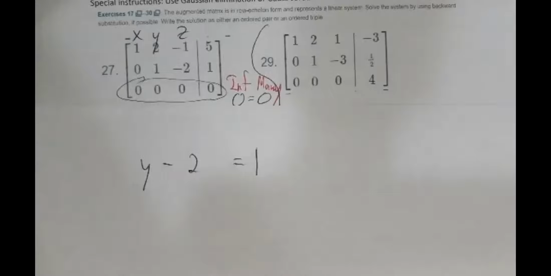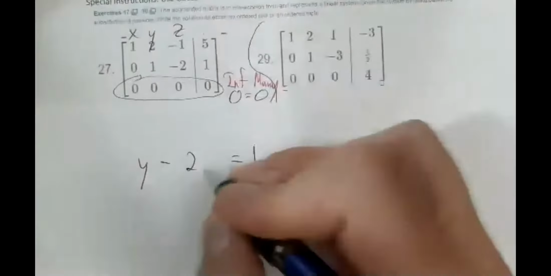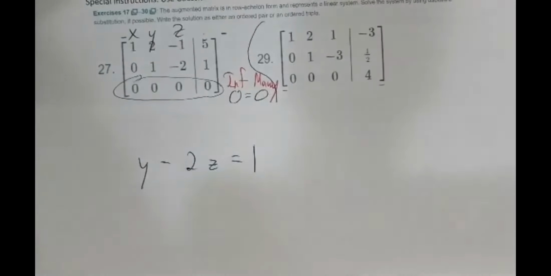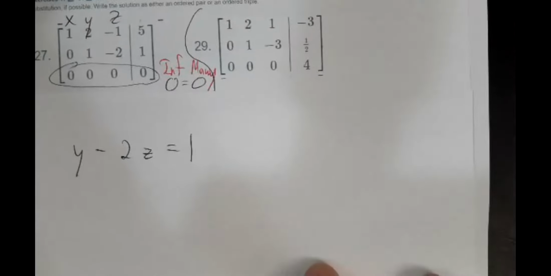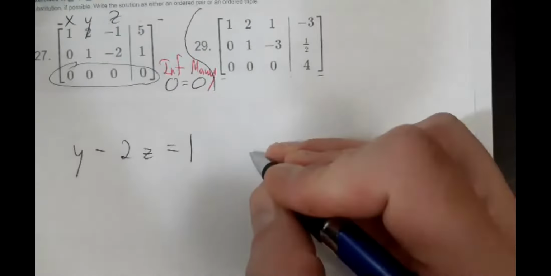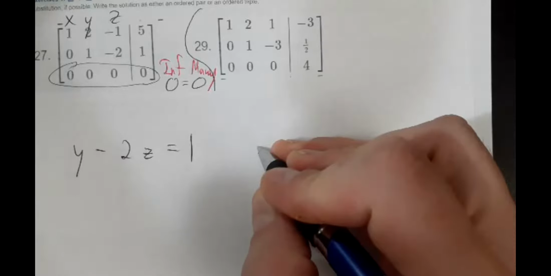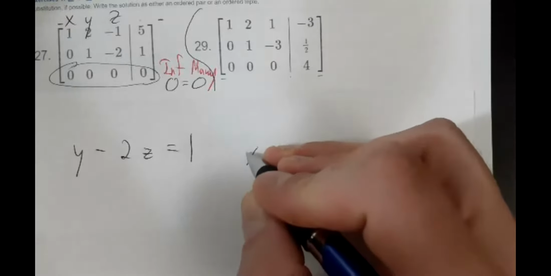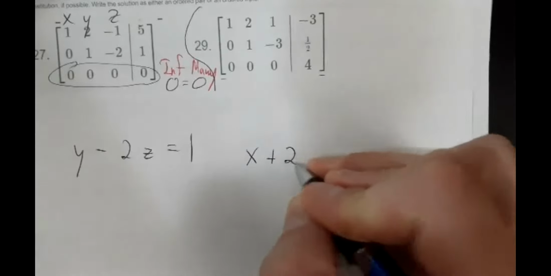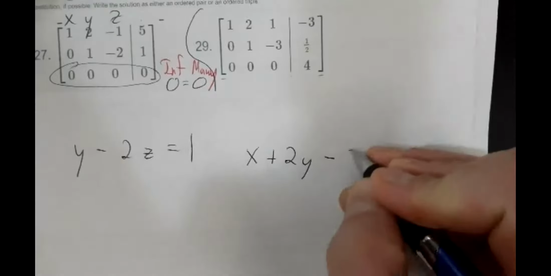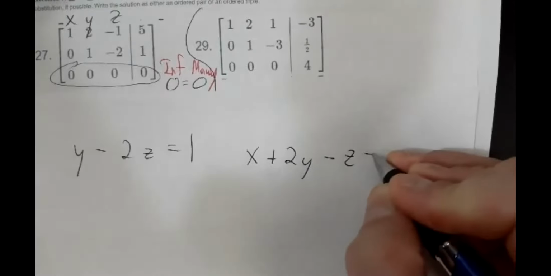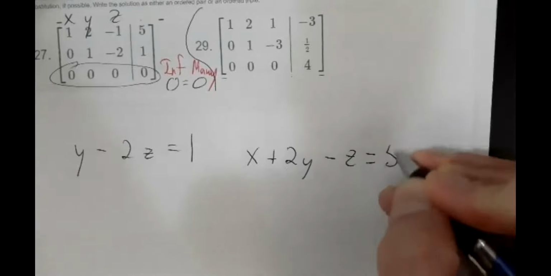Minus 2z. Yeah, there should be a z attached to this too. That's one of them. What's the other one? X plus 2y minus z equals. Yep, that's it.